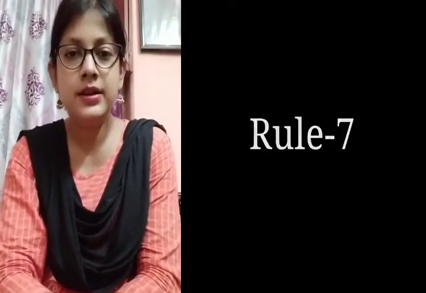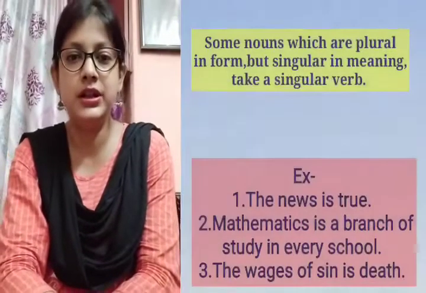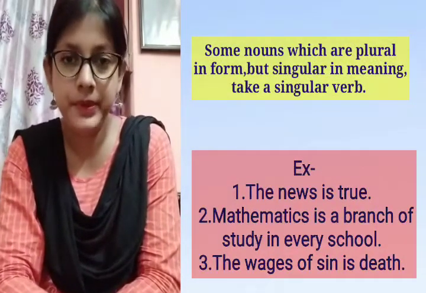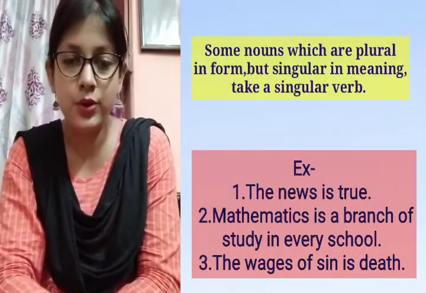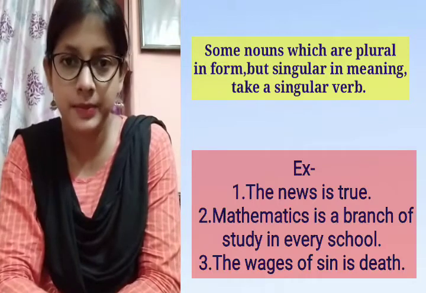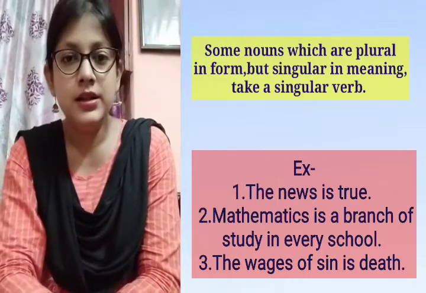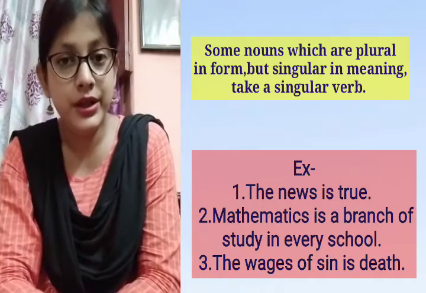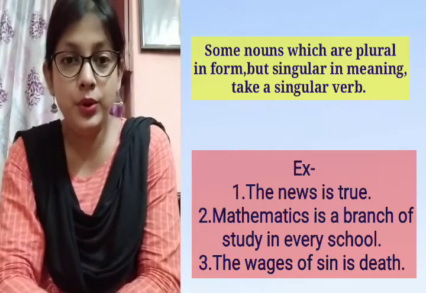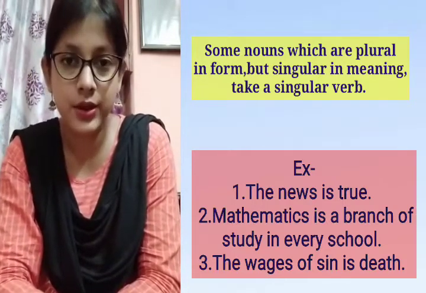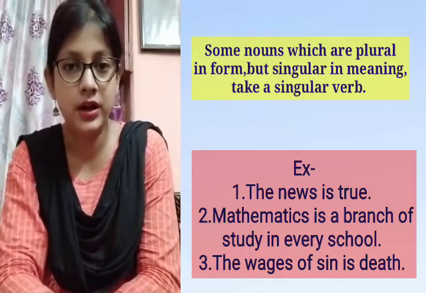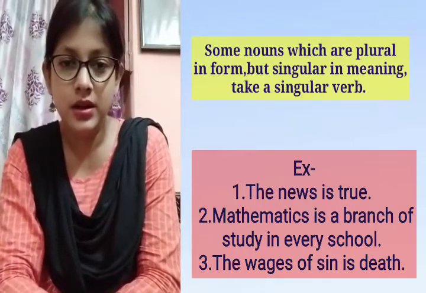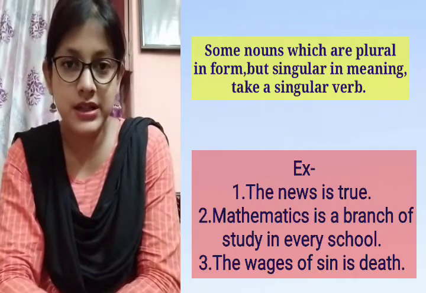Next rule 7: some nouns which are plural in form but singular in meaning, that's why a singular verb is placed after the subject. For example, the news is true. Here news is plural in form but singular in meaning, that's why a singular verb is placed. Next example, mathematics.